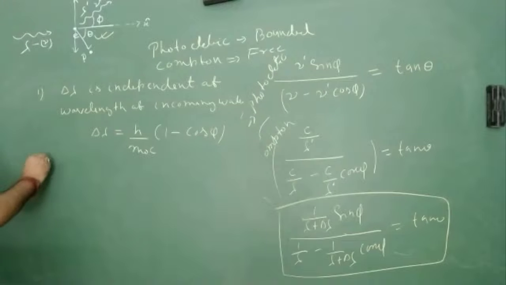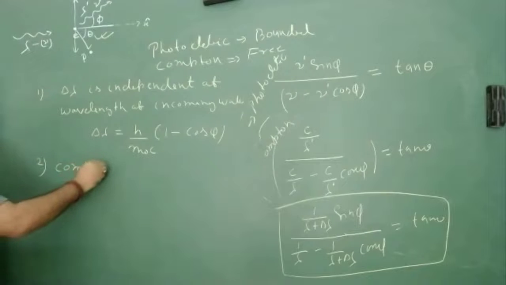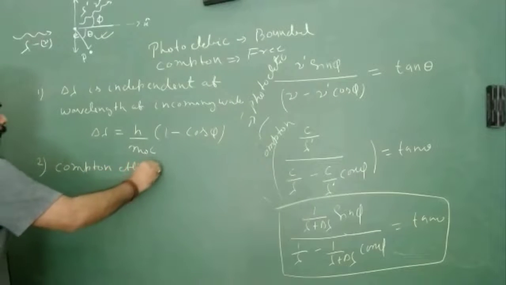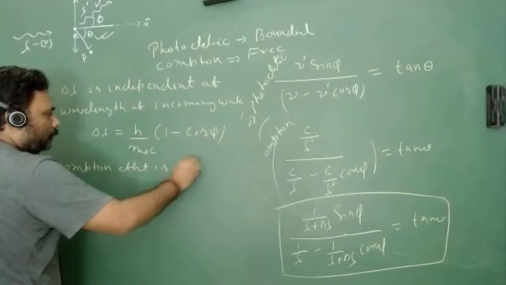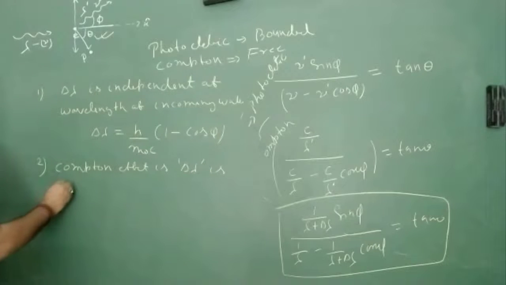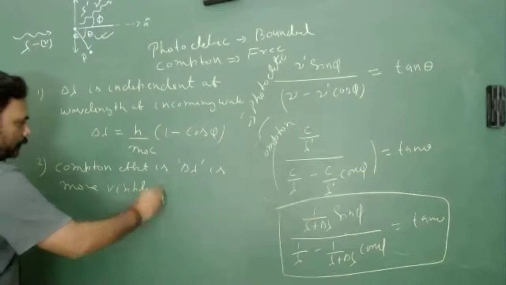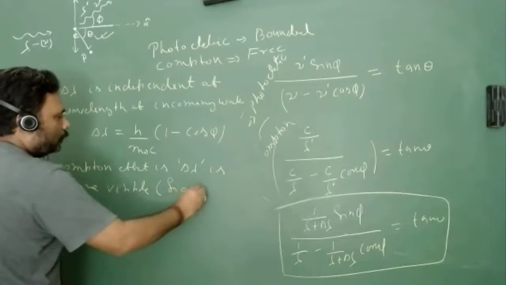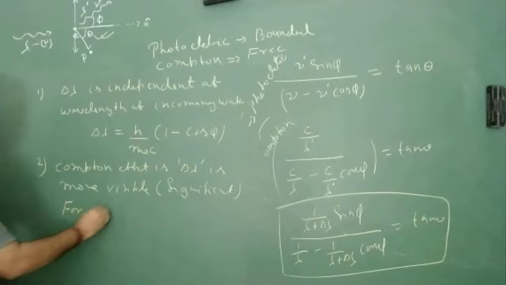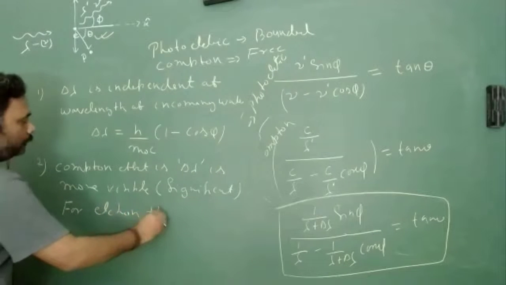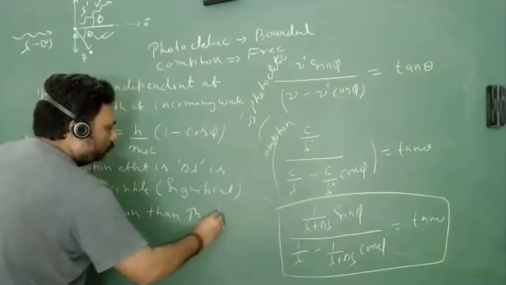Now, second: the Compton effect, meaning delta lambda is more visible or more significant, for the electron than for the proton.